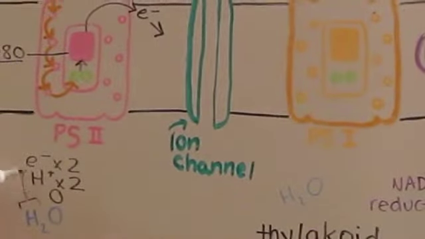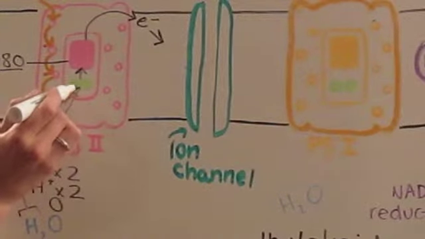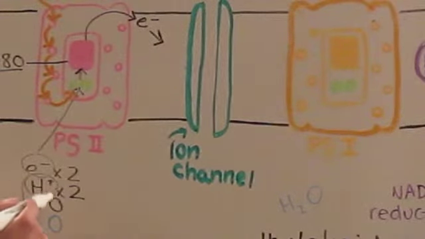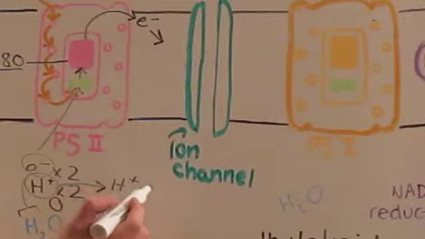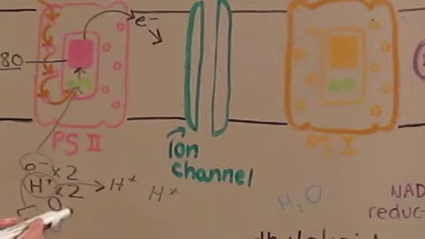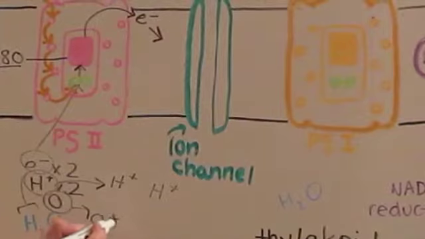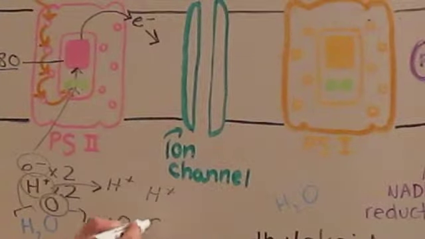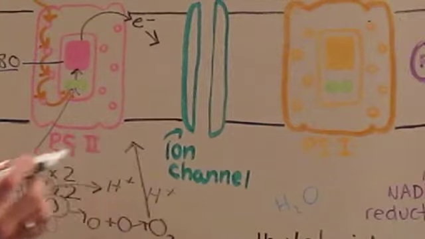This provides electrons to replace those that left the primary electron acceptor, and provides protons in the thylakoid lumen to create a concentration gradient of hydrogen ions across the thylakoid membrane. Additionally, the single oxygen atom is unstable by itself, so it bonds with another oxygen atom to form an oxygen molecule, which is released into the air as a waste product.